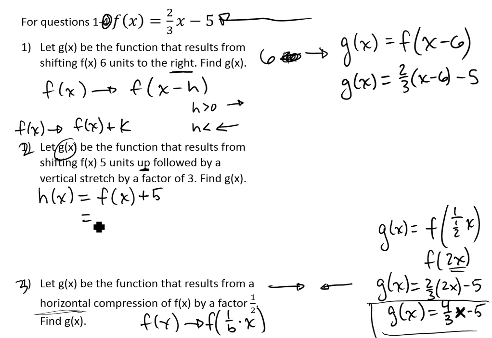So I can write this now, this h. h is going to look like 2/3 x minus 5. So I've got the 2/3 x minus 5. But then I come along and I'm going to add 5 to that. So this is great to simplify. h of x is a nice looking function. h of x is very simply 2/3 x.